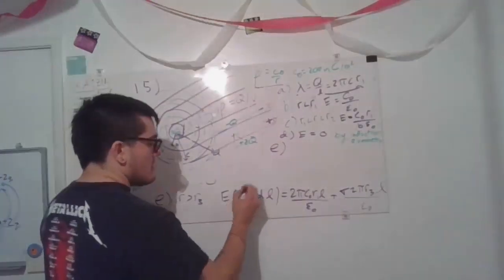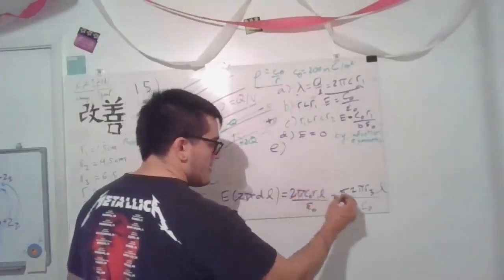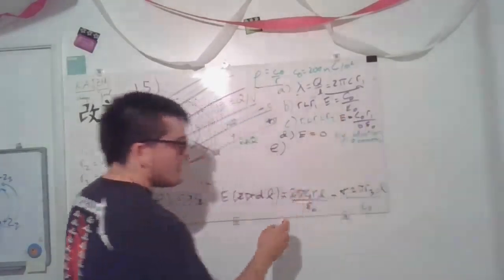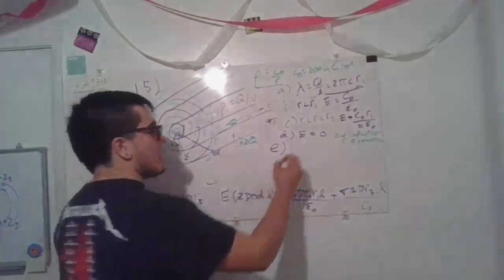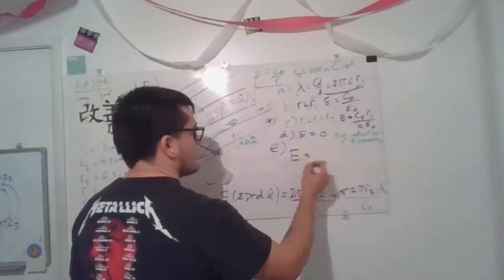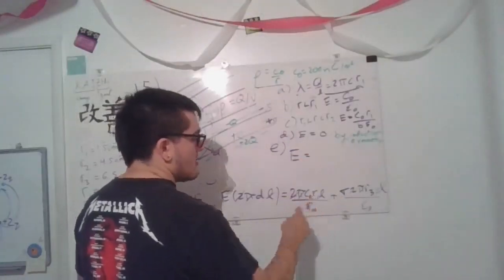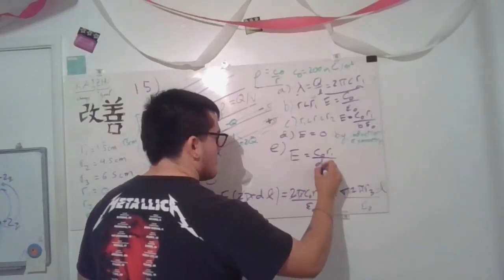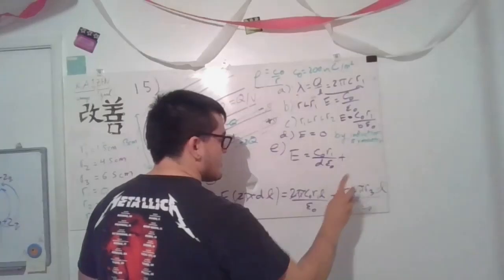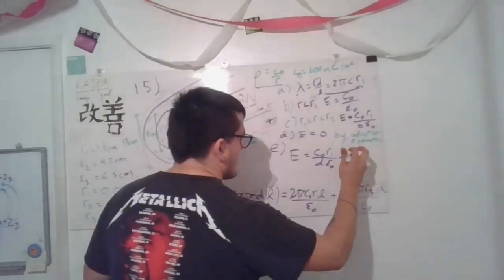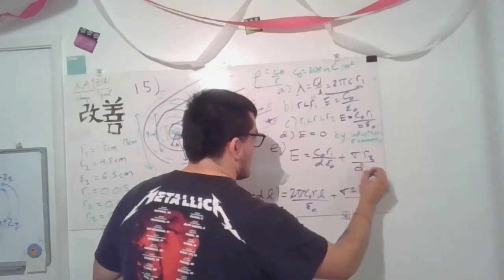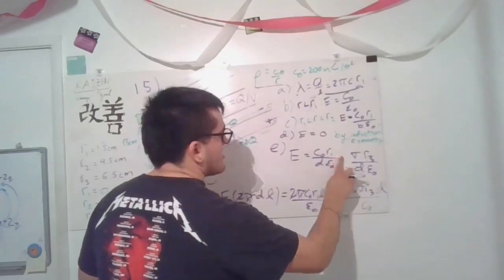Okay, so now 2 pi, 2 pi, 2 pi, L, L, L. And now I'm just going to divide by D. So E is C naught R1 over D epsilon naught plus sigma R3 over D epsilon naught. I could combine those, might as well.